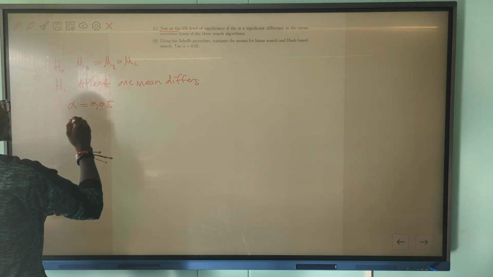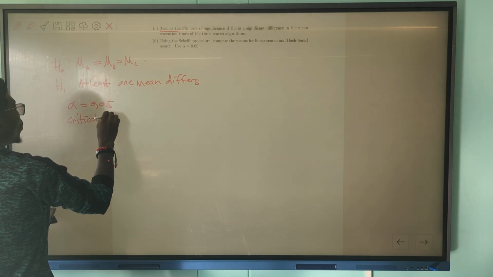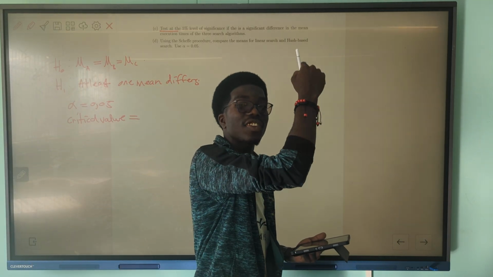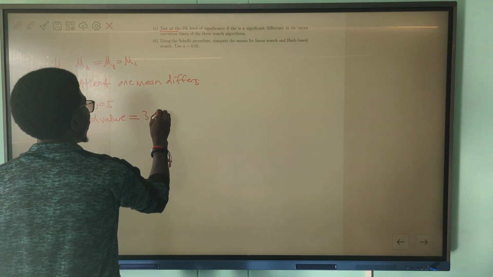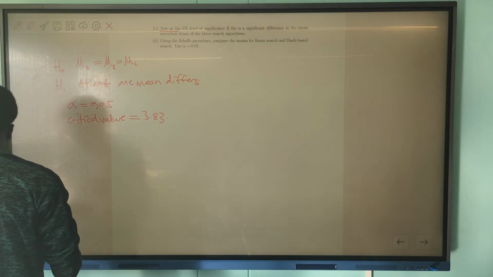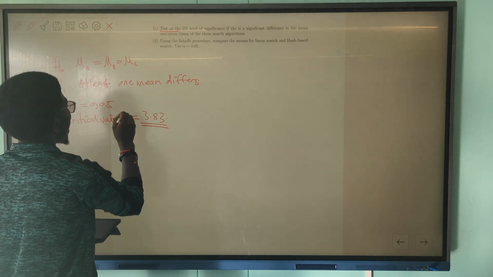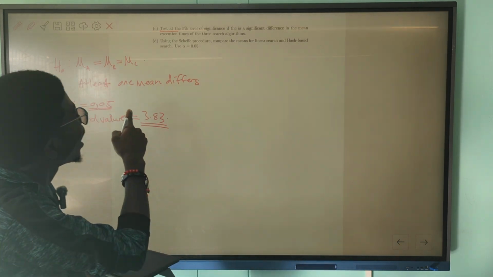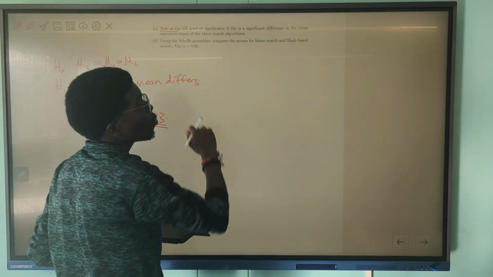We have critical value, remember, taita sei, taitaga kuseri kwego yatubuditsira 3.83. So these are the two values: tine critical value ne alpha yedu.